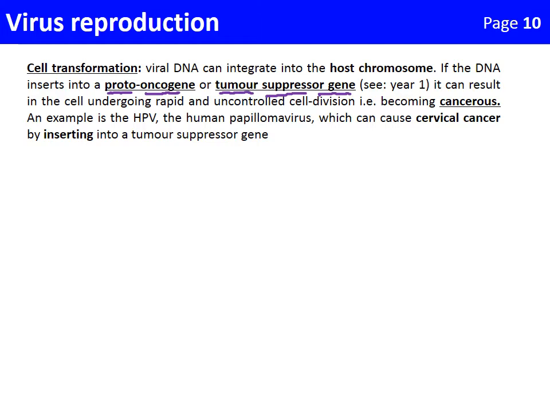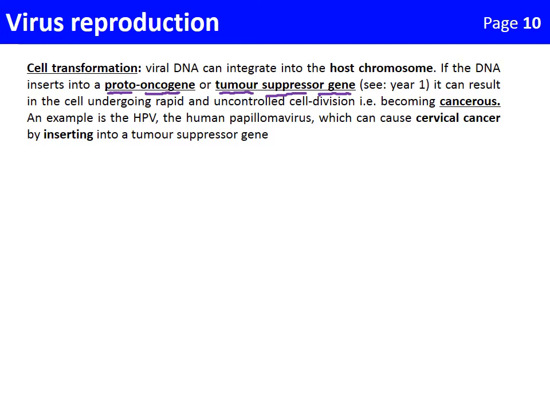Now the tumor suppressor genes, like the name suggests, the protein that's expressed from this gene helps to regulate the cell cycle, and it kind of puts a brake on cell division. So it helps to regulate or slow down cell division to the correct pace. Now, a proto-oncogene quite often makes a healthy protein that does promote cell division, but very, very highly regulated cell division.